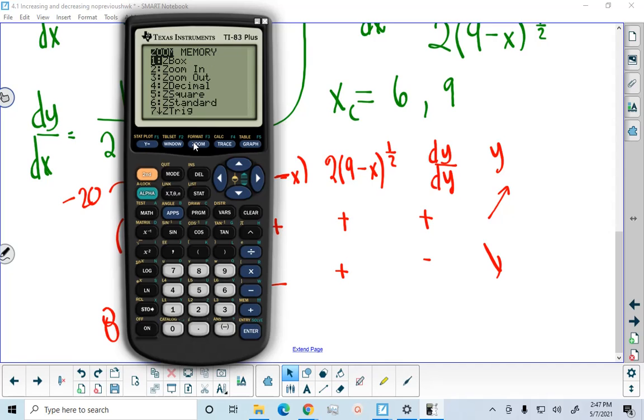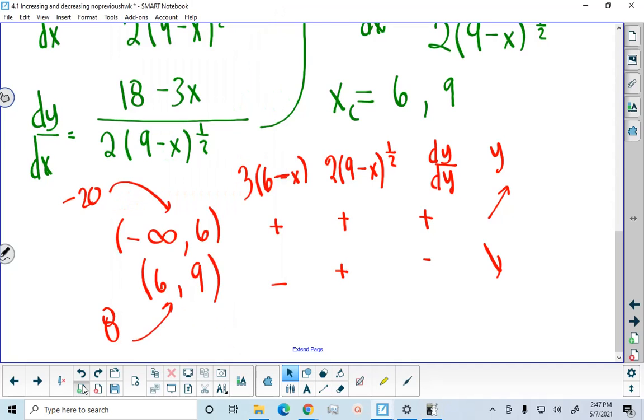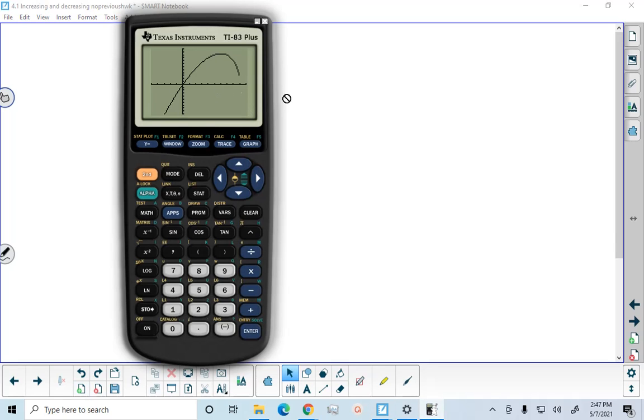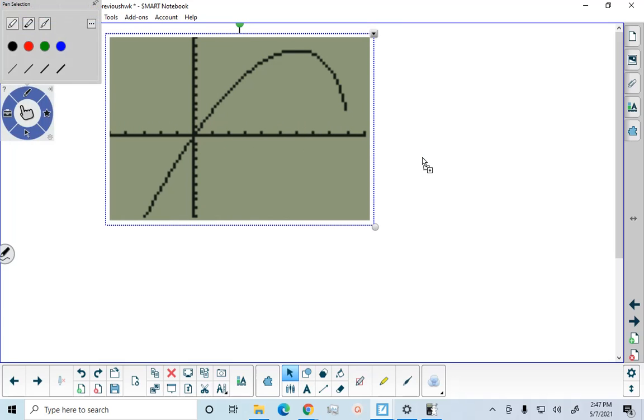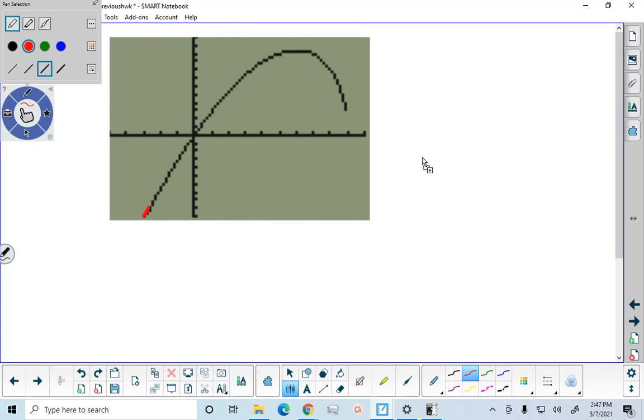See what happens here. Looks like that. I will adjust my window settings here slightly. The TI family of graphing calculators does a really poor job whenever functions become very steep. This curve actually goes up, up, up, up, and then it goes down, and it touches right here at 9.